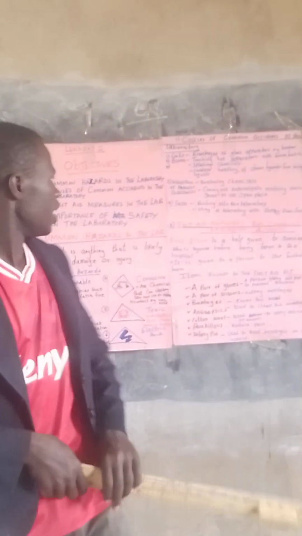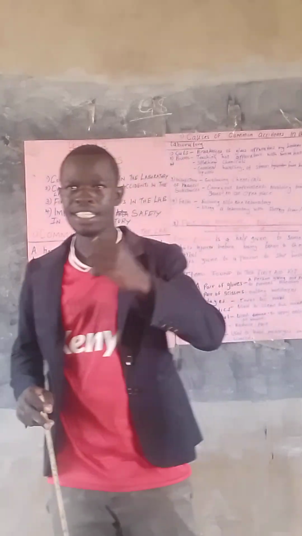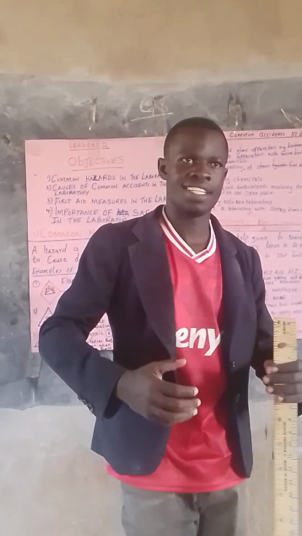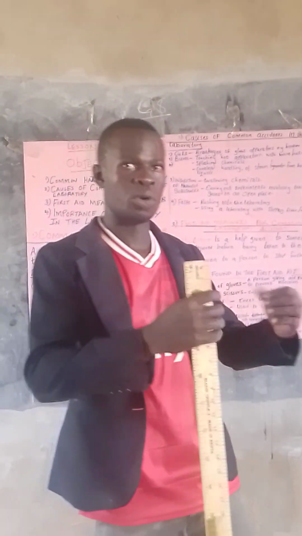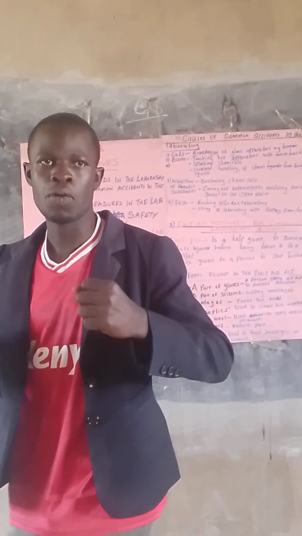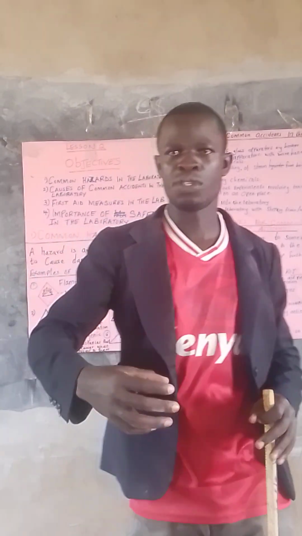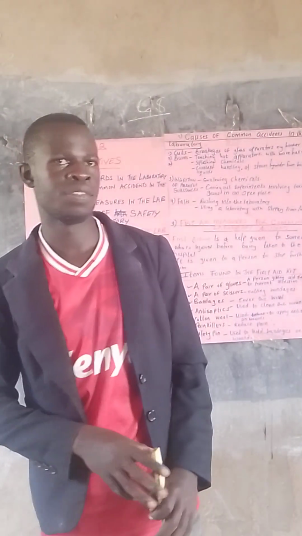Now, we will start by looking at a recap of what we learned in our last lesson. In our first lesson, we looked at the introduction part of integrated science. We said that integrated science is a broad area of study that deals with different branches of science. This includes biology, chemistry, and physics.